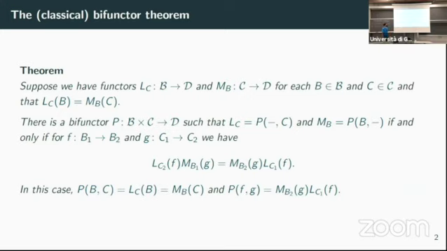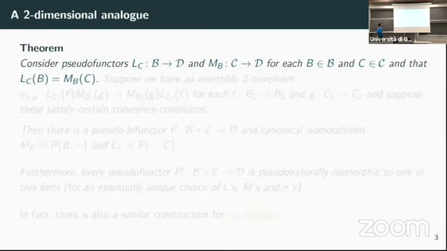In fact, we were trying to prove something, and we needed a result like this, but one level higher. So here, B, C, and D are not categories, but 2-categories. And rather than having families of functors, we needed families of pseudo-functors.